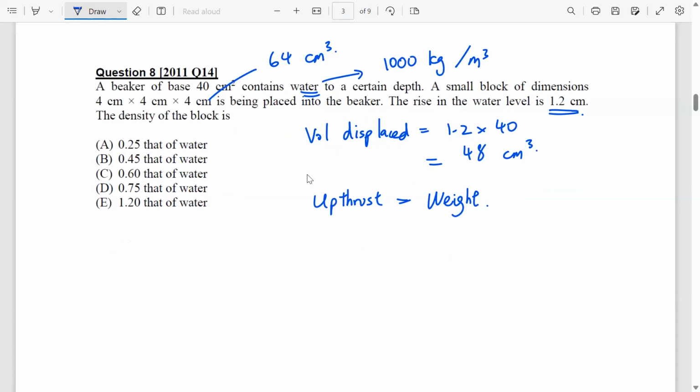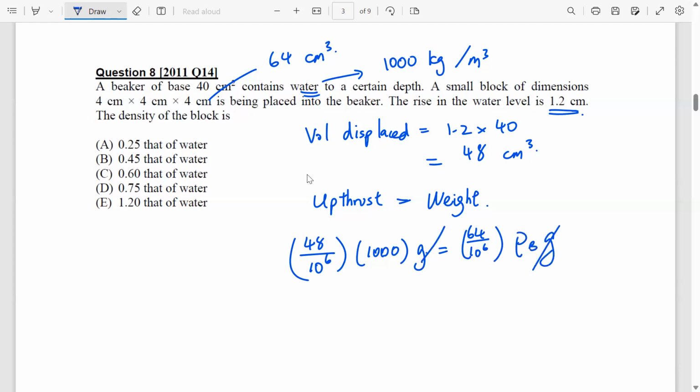So upthrust: 1000 g times 48 over 10 to the power 6. This is converting to meters cubed. This is equal to 64 times the density of the block times g. So cancel, cancel, cancel, cancel.